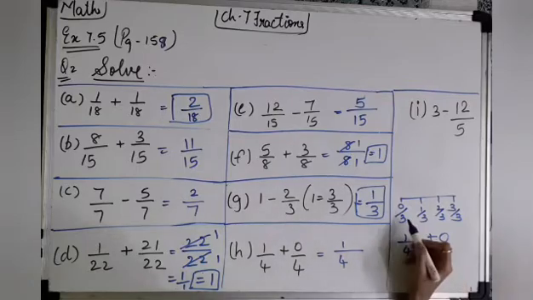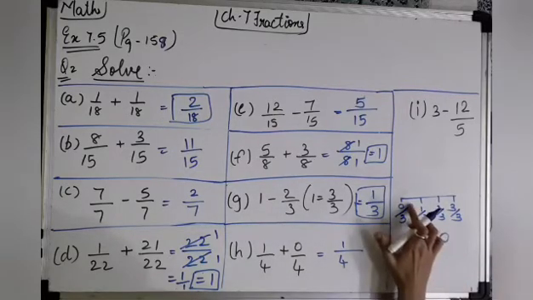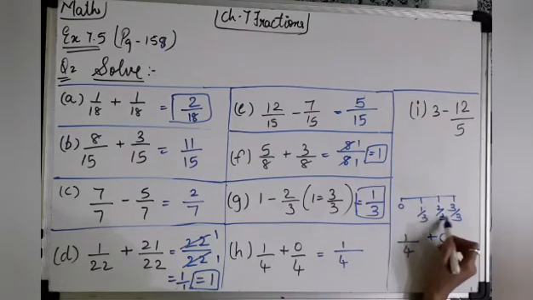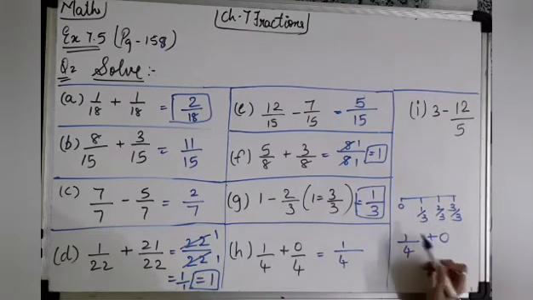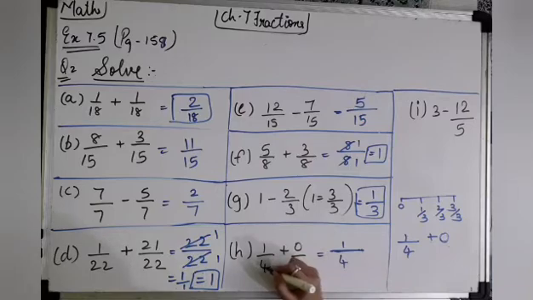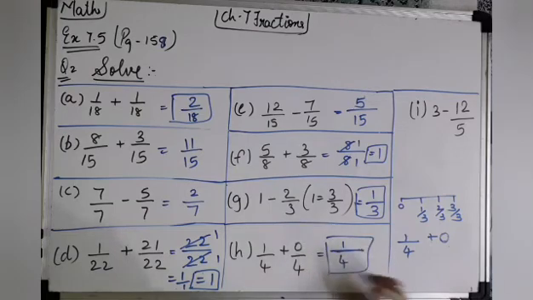So it is not compulsory to write 3 here. I can also write only 0, 1 upon 3, 2 upon 3, 3 upon 3. So when 1 upon 4 or any other fraction is added to 0, our answer will come the same, because nothing is added to the previous fraction. Okay. So 1 upon 4 is our answer.